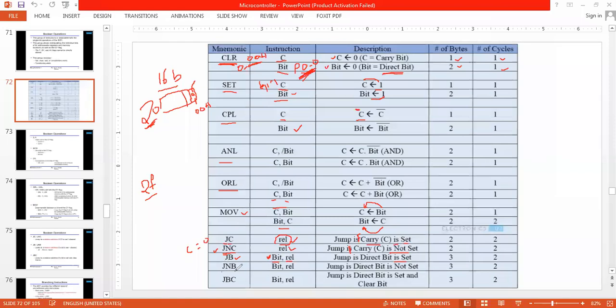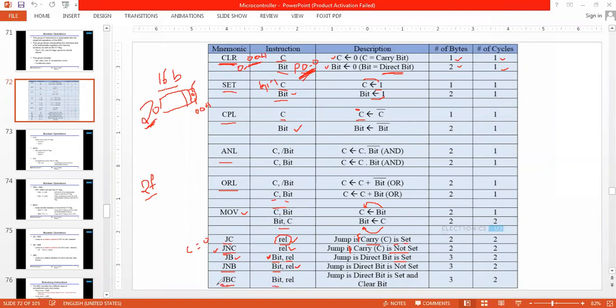Then JNB: if a particular bit that I am writing here is 0, then only the jump to a particular relative address happens. Bit equal to 0, then it is going to be jumped. Then JBC: the jump happens if the bit is set, if the particular bit is equal to 1.